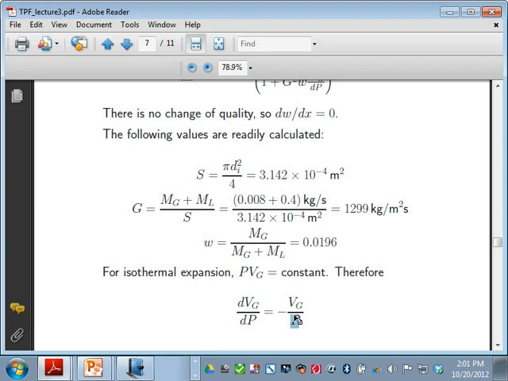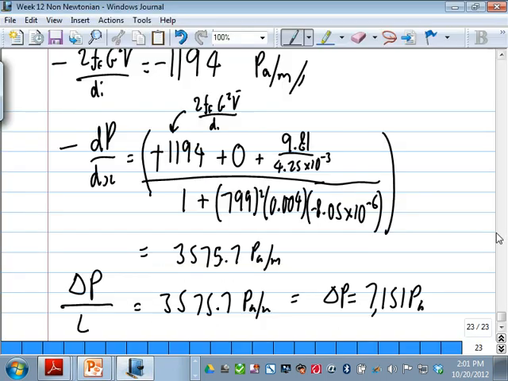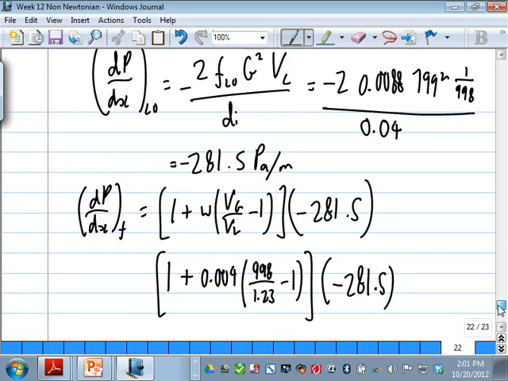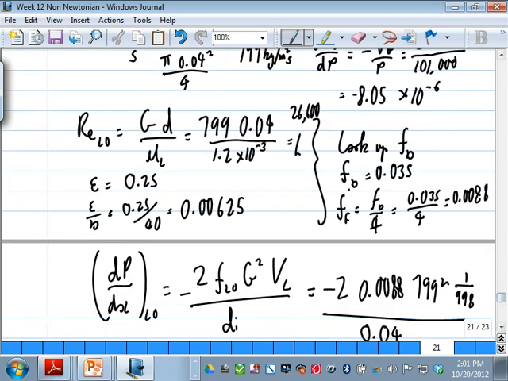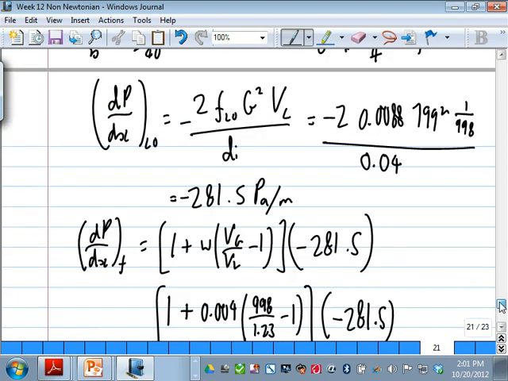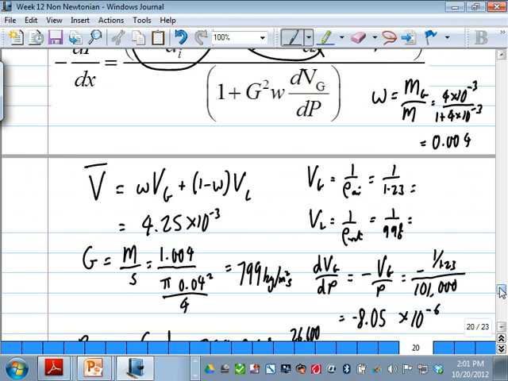Now number two, the VL here that we use, where here? Okay, the VL is correct, no problem. 998, even at 100 kPa, 107 kPa, 998 is correct.